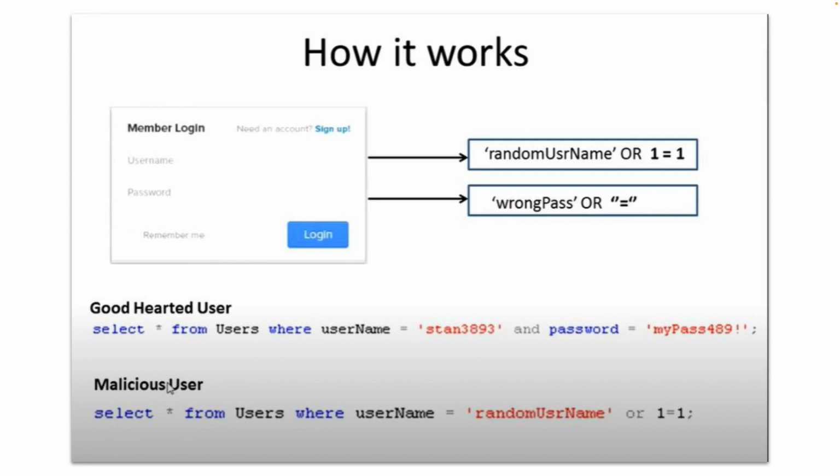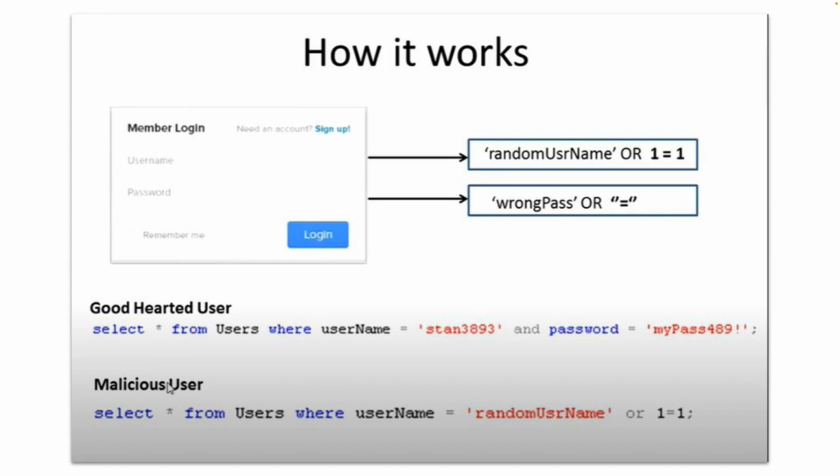the malicious user is going to, again, have the first part of this select statement the same, select star from users, where username equals. Now they gave, if you look up at the top box underneath how it works, the entire input is random username or 1 equals 1.